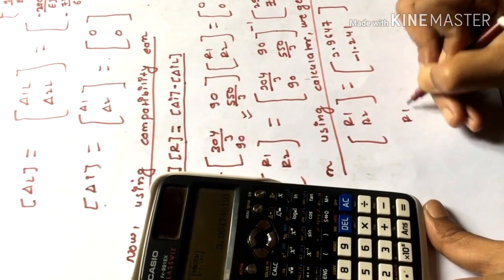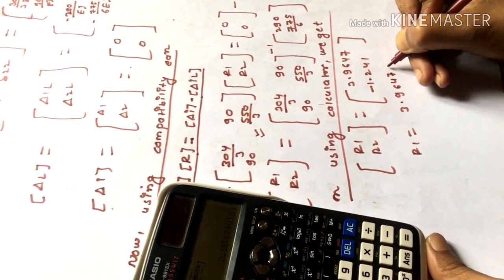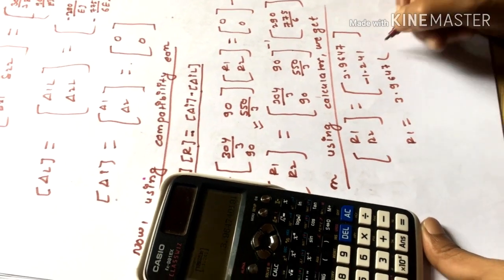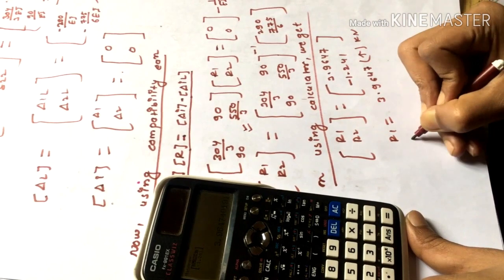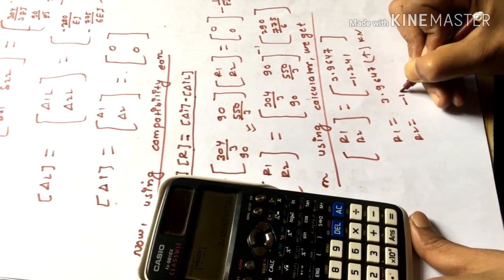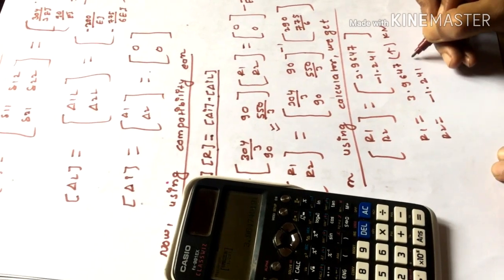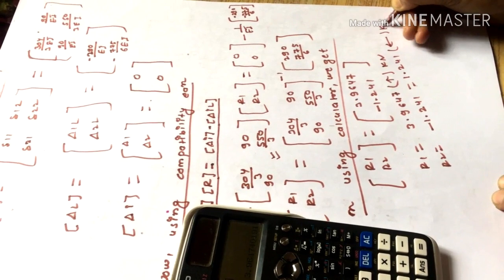So R1 is equal to 3.9647, acting in the upward direction, the unit is kilonewton. Next, R2 is equal to minus 1.241, this is acting in this direction, this is also in kilonewton.